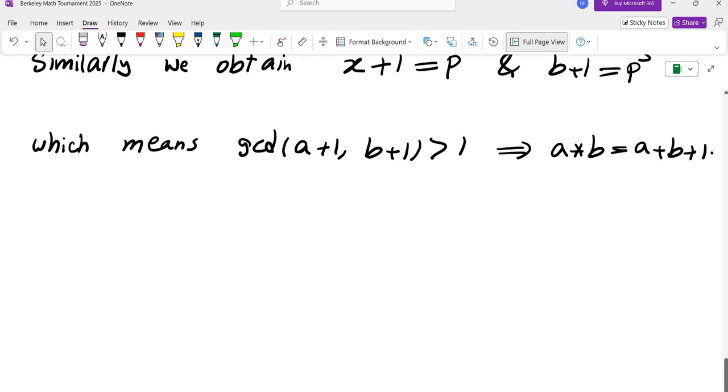So to summarize, the only solution is a star b equals a plus b plus 1.